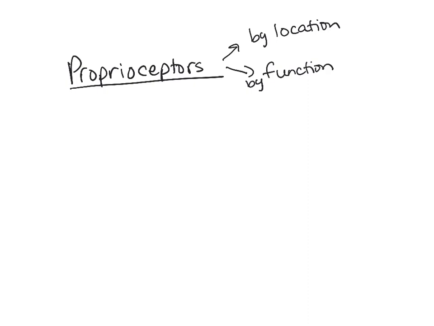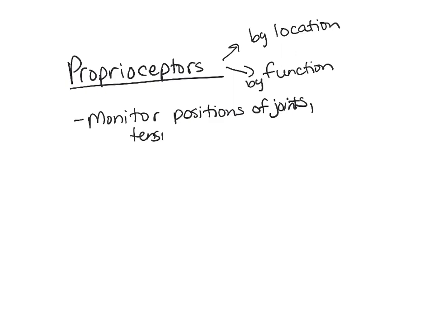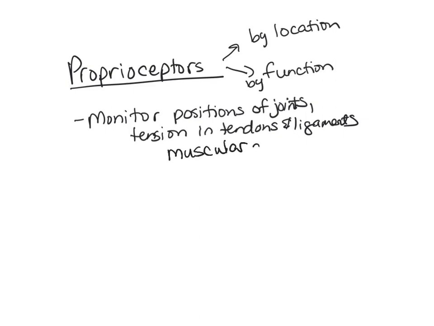So proprioceptors monitor the positions of joints, they're also monitoring the tension in your tendons and ligaments. And they're also monitoring how much muscular contraction is going on in your muscles.